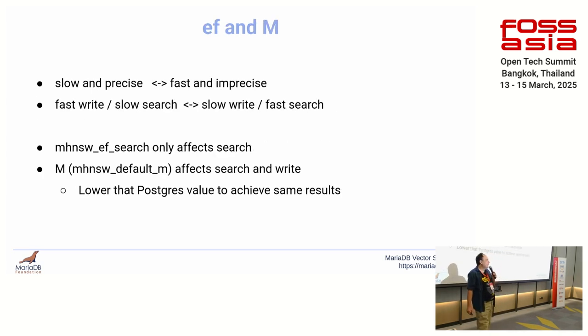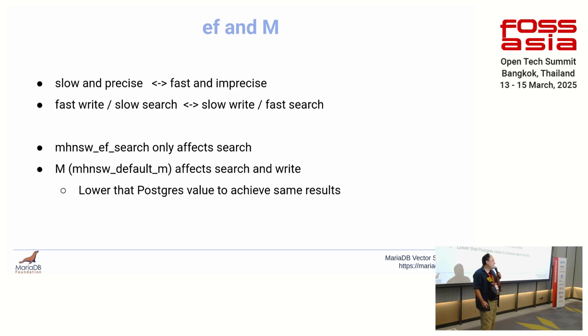So with EF and M, we have a choice in vector searches: slow and precise, or fast and imprecise. The other trade-off is when you're building an index: you can build it really fast and have a slow search, or build it slowly and get a faster search. That's just the nature of the algorithm trade-offs.